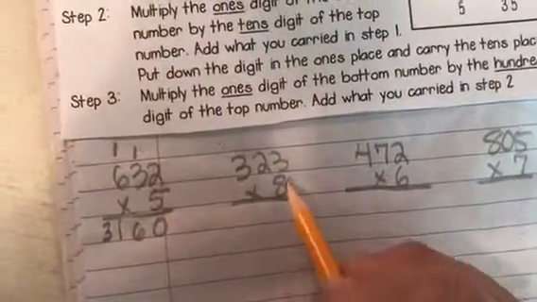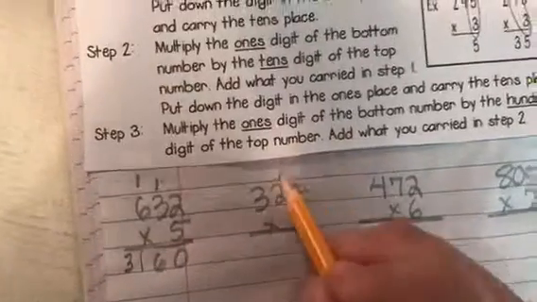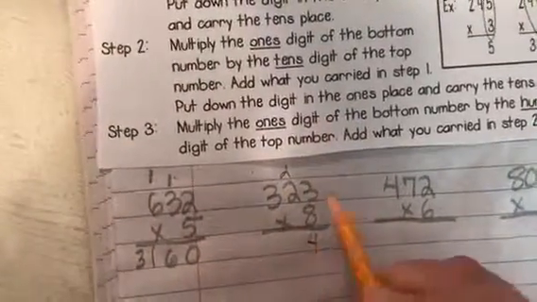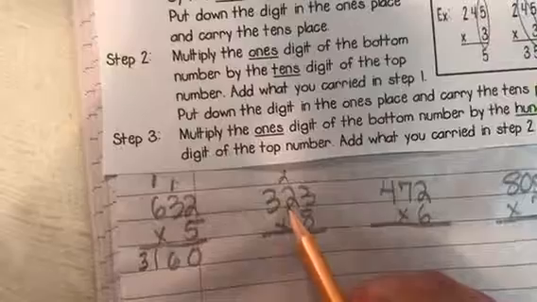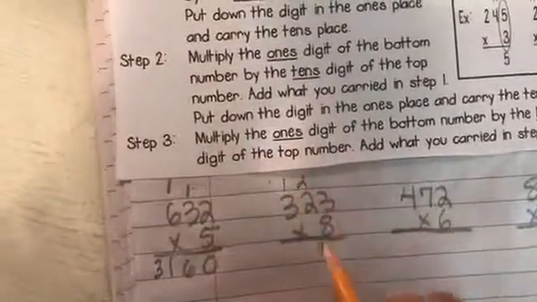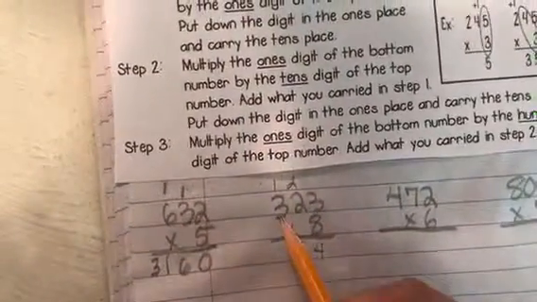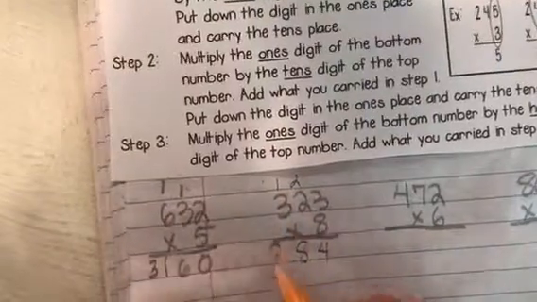Okay, so we're going to go to the ones place. 8 times 3 is 24. 8 times 2 is 16, plus 2 is 18. 8 times 3 is 24, plus the 1, 25.